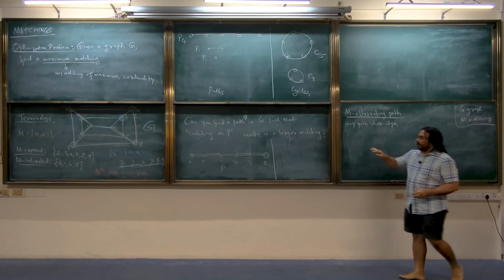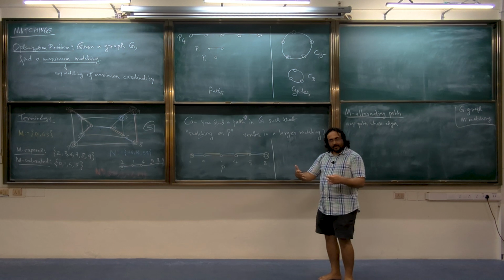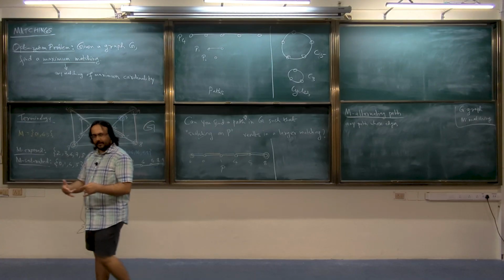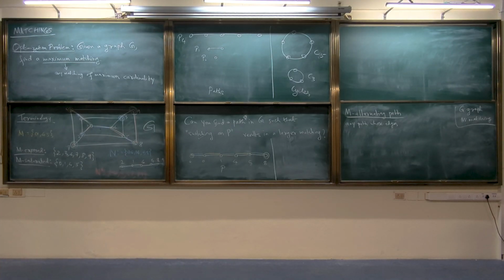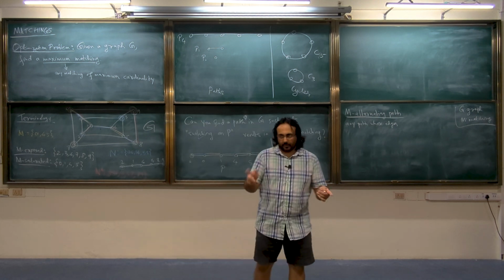One important point. There are multiple viewpoints for paths and cycles. You can think of a path or a cycle as a subgraph. Subgraph means it has vertices and edges. But you can also just think of paths and cycles as sets of edges. You can't really think of them as sets of vertices. What's the problem with viewing a path or a cycle as a set of vertices? Exactly. With a set of vertices, you have multiple orders for the same set giving different cycles or paths.